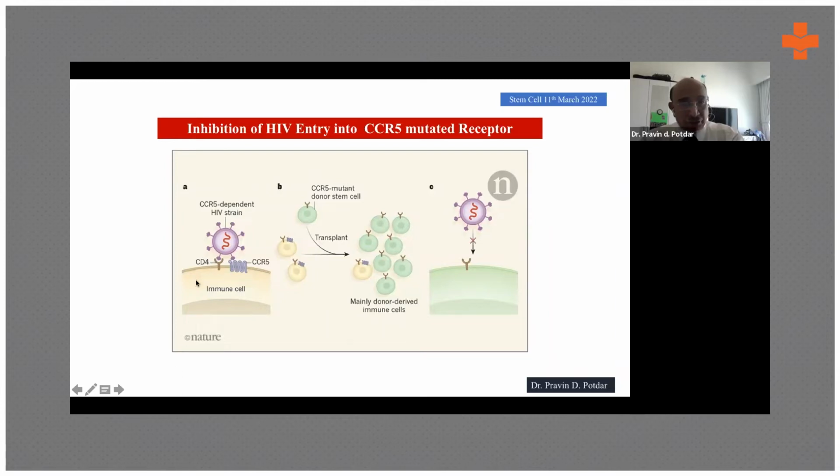So here also you see the CD4, this is a receptor through which the virus enters. And here, these are mutant donor cells, which are injected into the patient. When these cells are there, the virus does not allow them to grow, but they multiply. Therefore, the virus remains away from these cells, the cells remain intact, and the immune response increases.